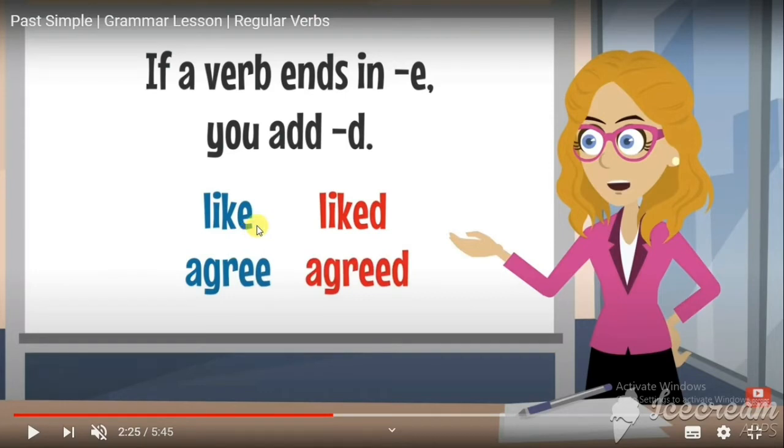We only add d. Like, liked. Agree ends with e. Agreed. So we only add d if the verb ends in e.